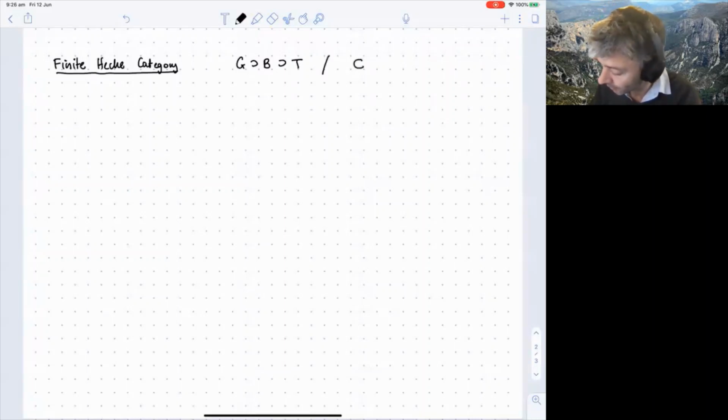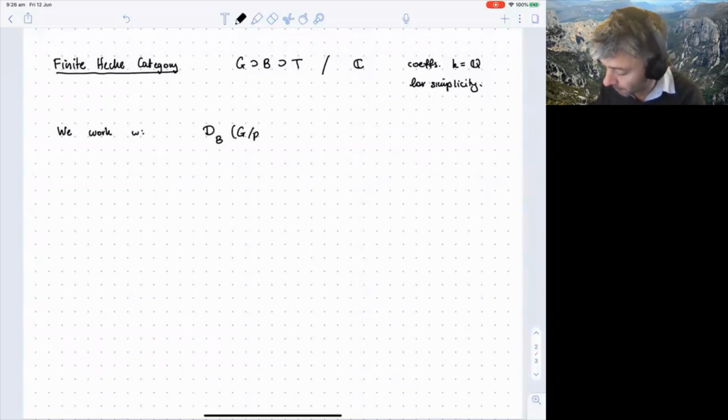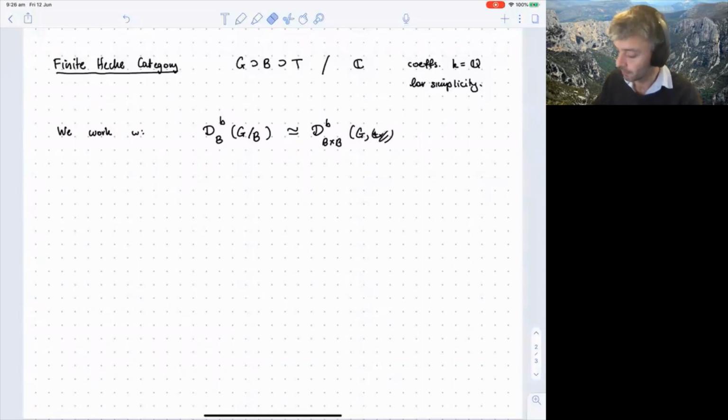For simplicity, we take it over C, and our coefficients are, for simplicity, nothing that I'll do today actually needs this choice. So I try not to write the coefficients the whole time.